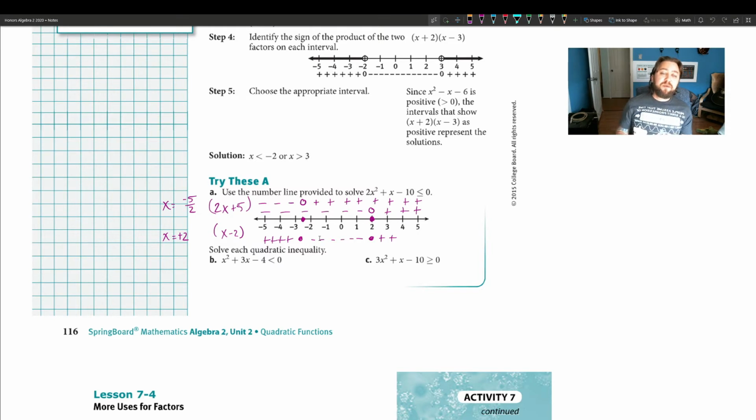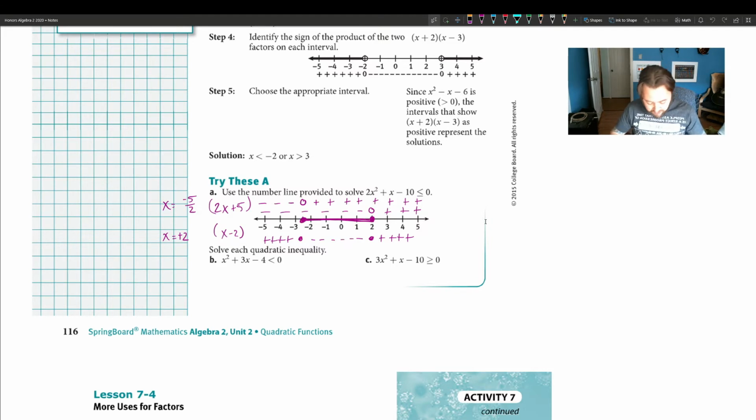Okay, now that we have that graphically, we're going to go back and look at the problem. And it says it should be less than or equal to 0. So less than or equal to 0 is going to be negatives. So that would be the stuff in the middle. So I'm going to fill in where my answers are going to be negative.